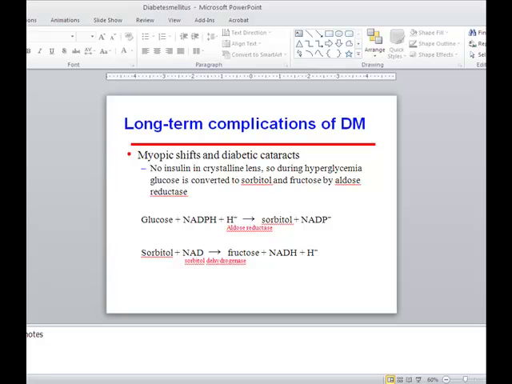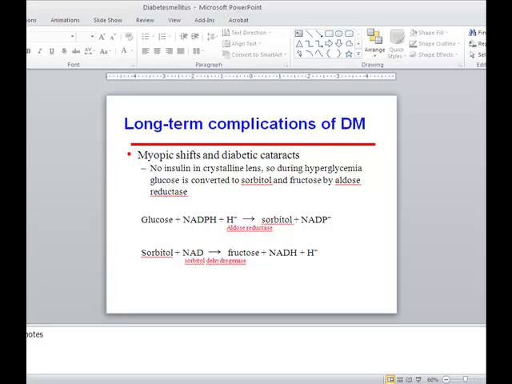Initially, when these changes occur, it changes the refractive index of the lens, and that change in the refractive index is what is causing this myopic shift. But then when they control the blood sugar, the refractive index could go back to normal.